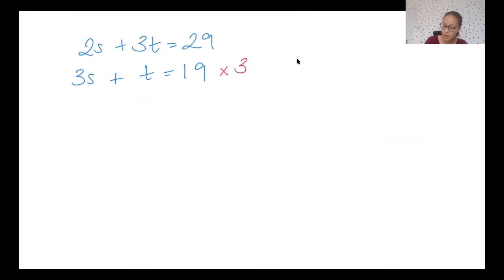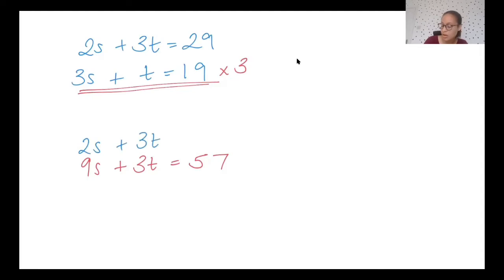So if I multiply everything by 3, absolutely everything, I get 9 shirts, 3 tops equals 57. That's just 19 times 3. And I keep the first equation the same. So 2s plus 3t equals 29.